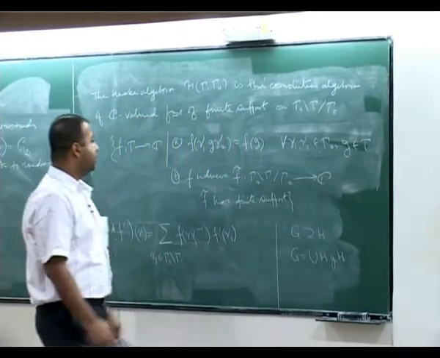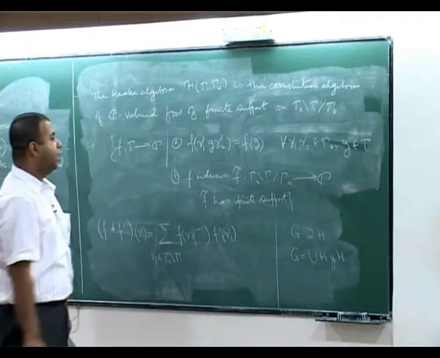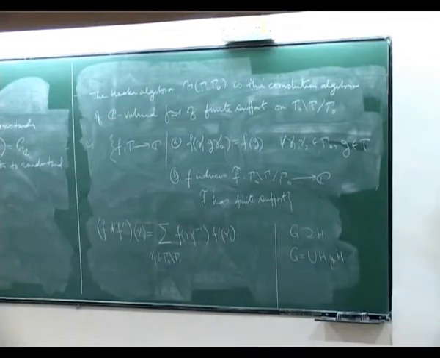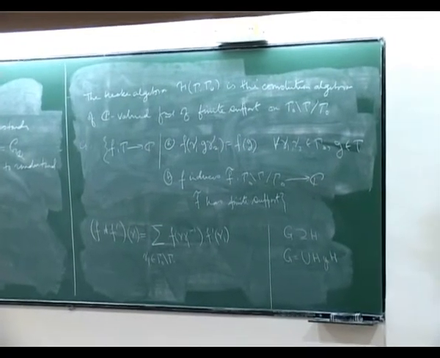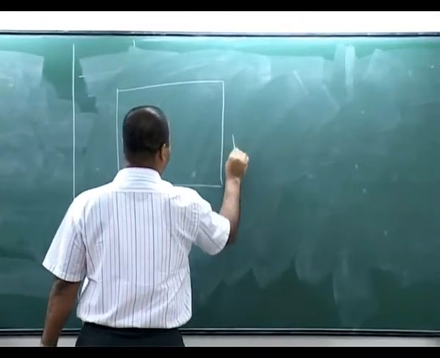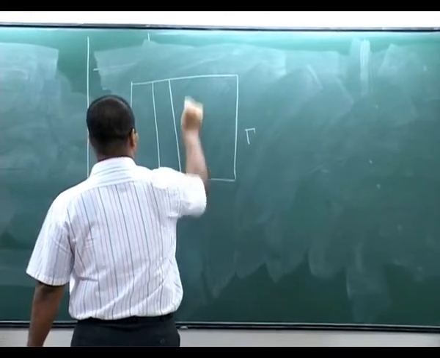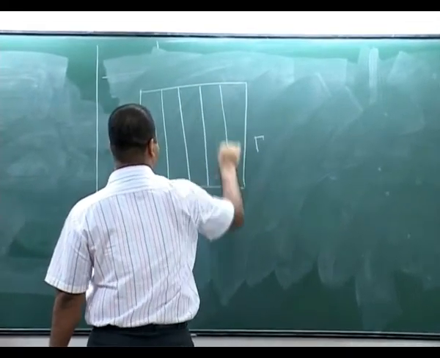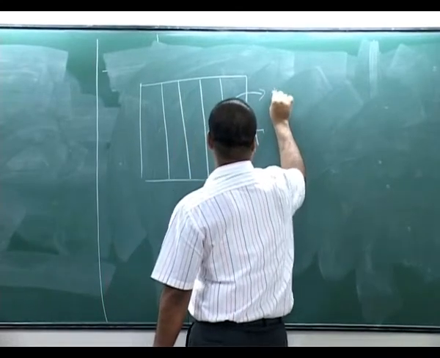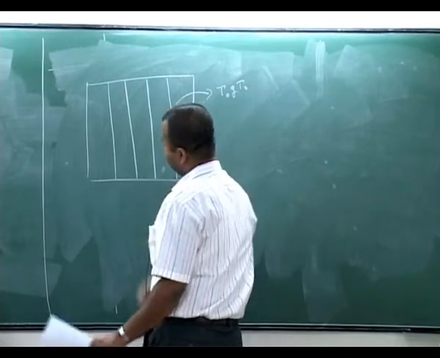So a function on that is the same as these bi-invariant functions, and I will draw a picture so that it becomes easy. So we have this group gamma, and double cosets decompose this group by an equivalence relation. So these are, say, gamma naught G gamma naught double cosets.